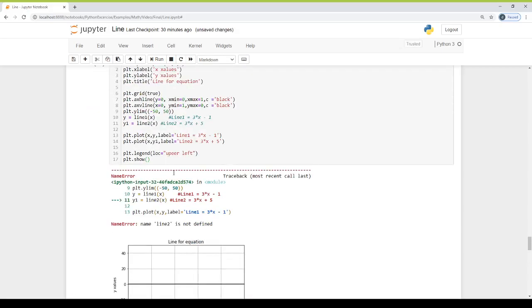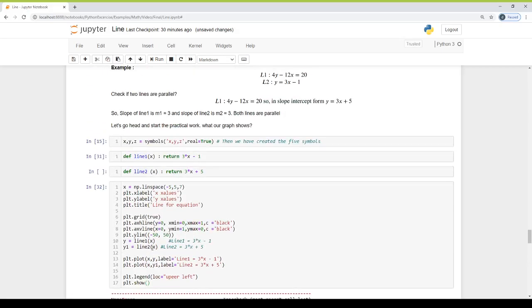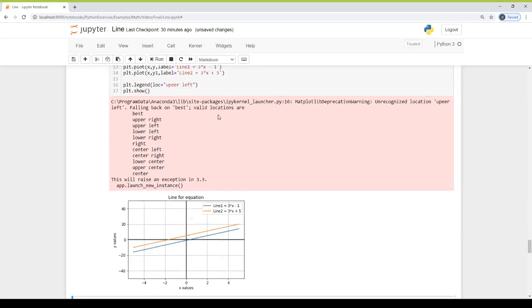Line 2 is not defined. Okay, let's check line 2 x. Okay, run.